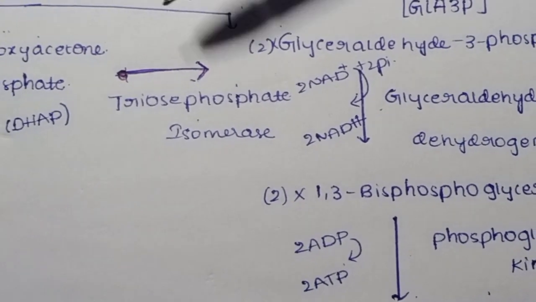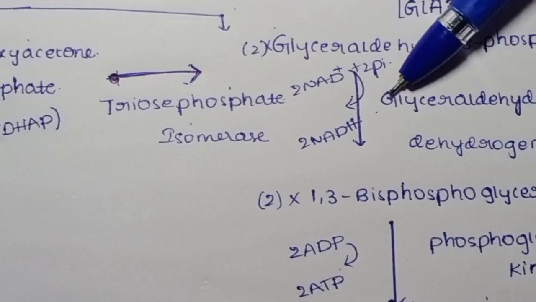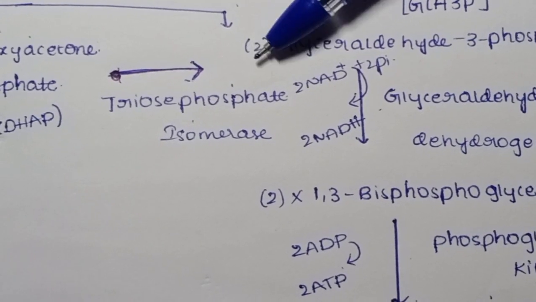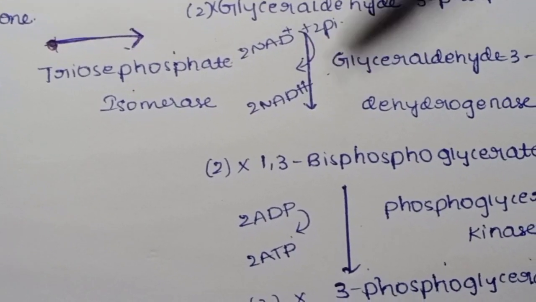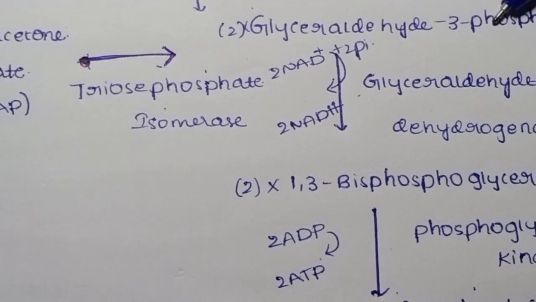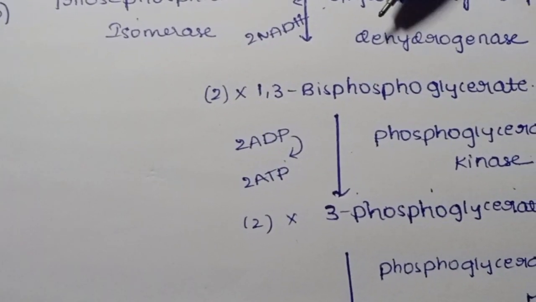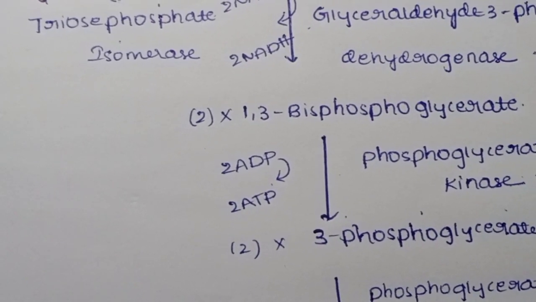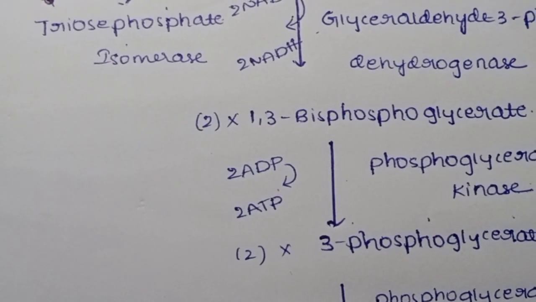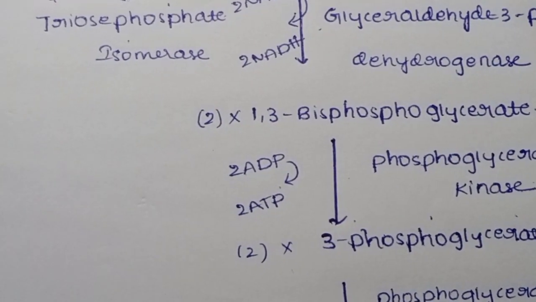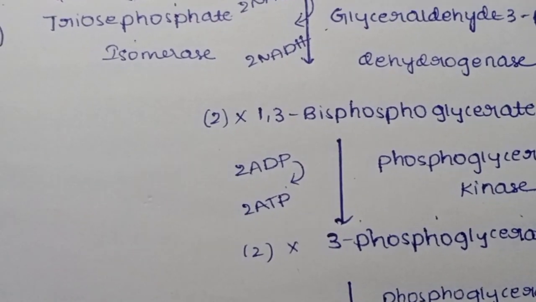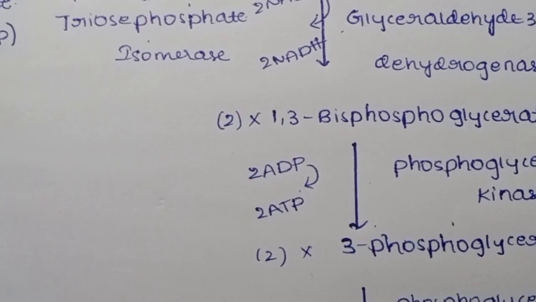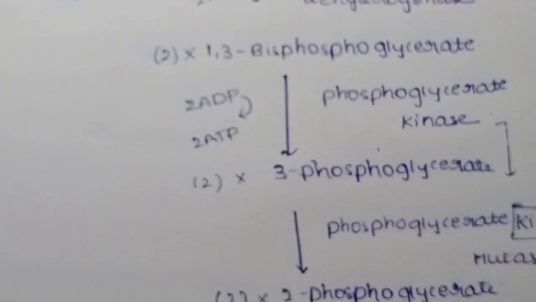And one more thing, here DHAP has the capacity to convert into glyceraldehyde 3-phosphate by using triose phosphate isomerase. Okay, so here glyceraldehyde 3-phosphate gets converted to 1,3-bisphosphoglycerate. The enzymes are easy to remember when you are clear about the products, that is the metabolites, because whatever the enzyme is, it comes from the intermediate product.